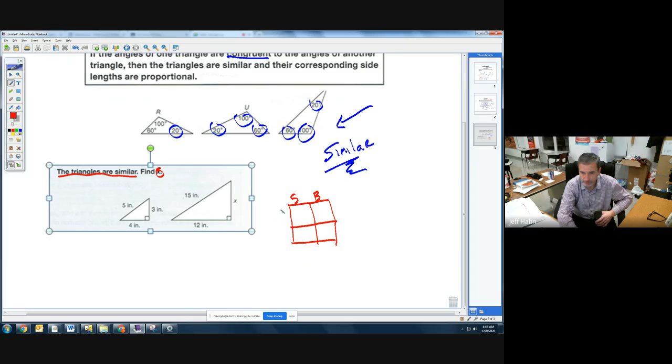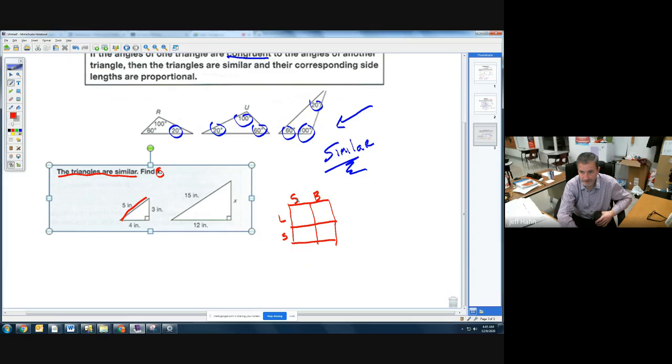And then we are going to put what sides we're talking about. You need to pick one that you know and one that you don't know. I could pick the longest side, and the one I don't know is the short side on the big triangle. So it's going to look like this.